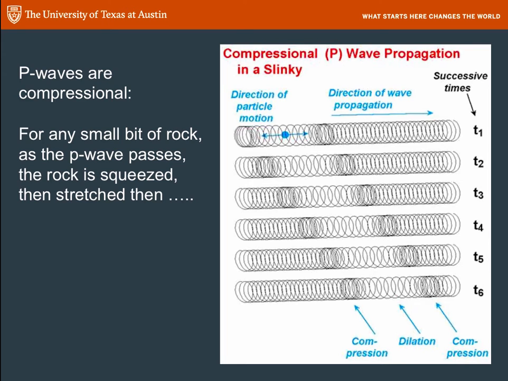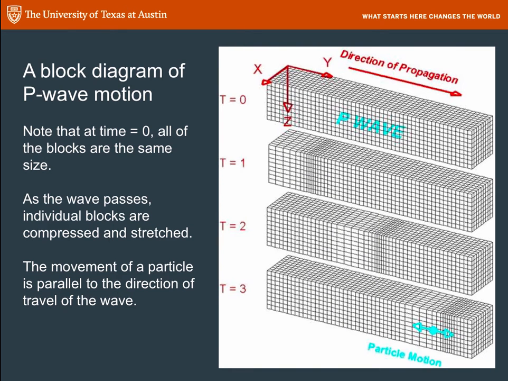There is compression and there is dilation, and individual particles move forward and backward, squeezing and stretching as the wave passes. This is another diagram showing the same thing. The direction of propagation is along the length of the block, and the individual particles also move parallel to the length of the block, squeezing and stretching with the material around them.